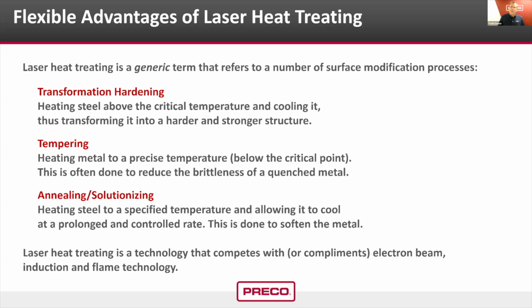Lasers can temper localized areas to make particular zones more ductile. Annealing can be done with the laser as well, but again, it's only done in localized areas. If you are heat treating today with induction, flame, or electron beam, lasers may be an alternative for you.